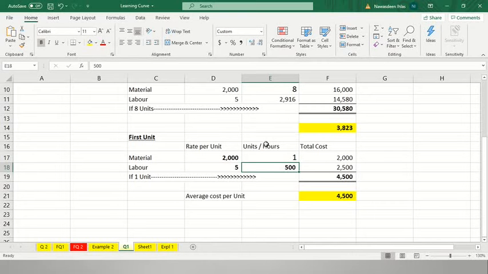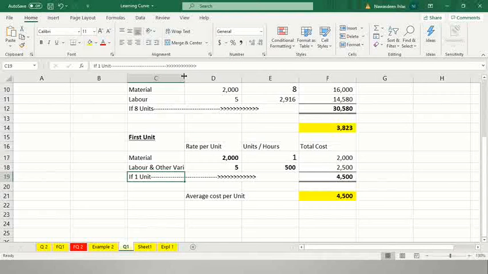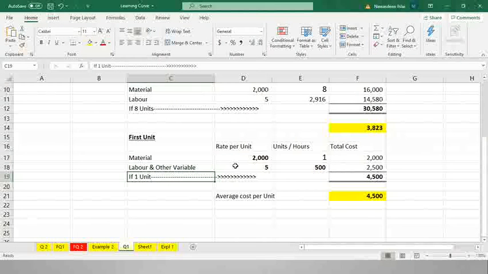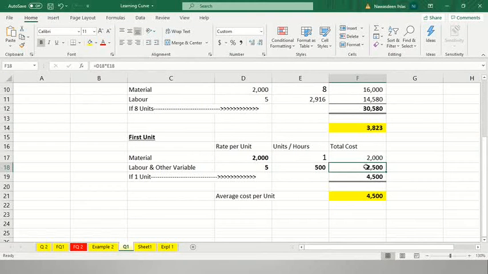So 5 into 500, 2500, that will be the labor and other variable cost, at 5 per labor hour. So 500 hours needed, so 2500 will be labor and other variable cost. Material cost is straightforward, per unit material cost is 2000.